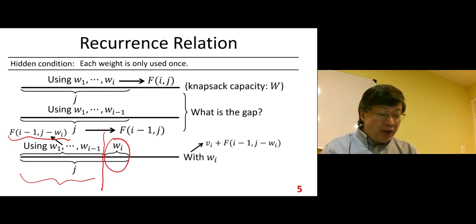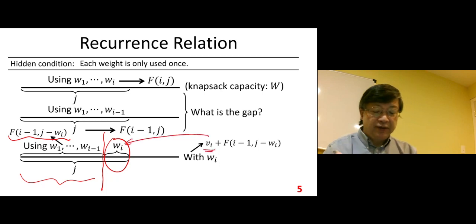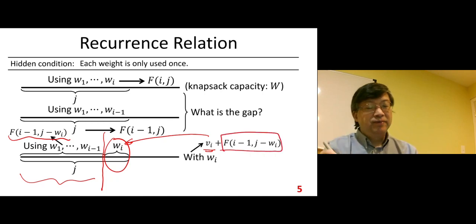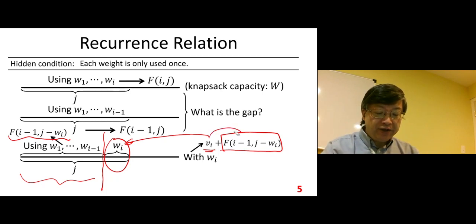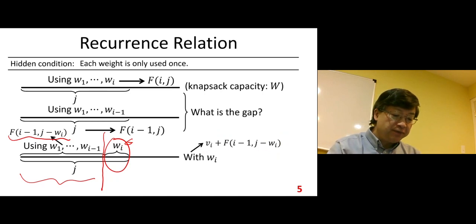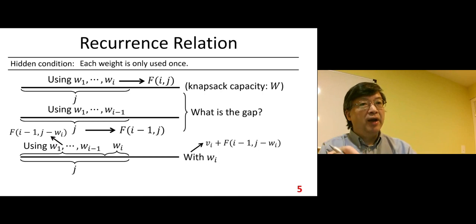The total value for this case, Vi, comes from Wi. Then for the remaining capacity, the best solution is this. So we add them together. That is the best we can get for this case. So that is with Wi.